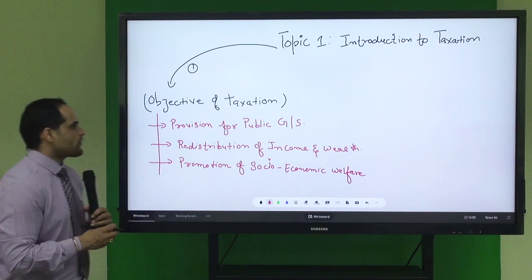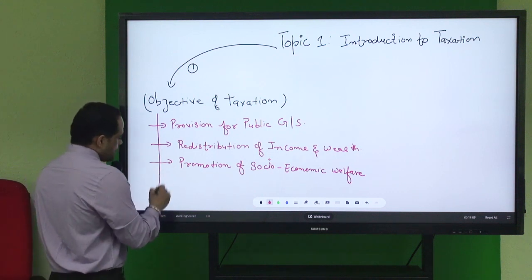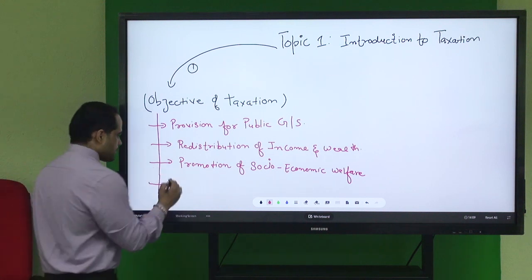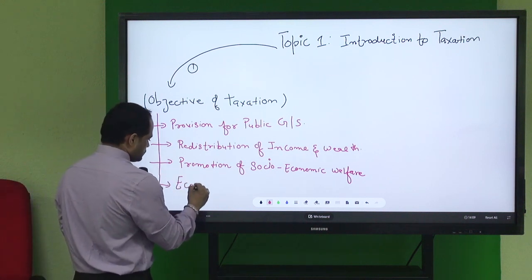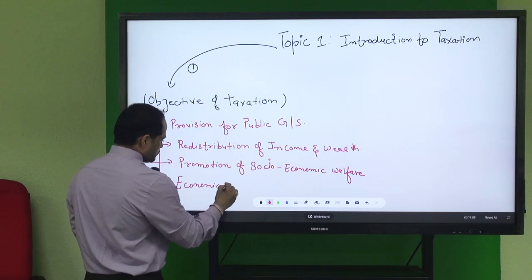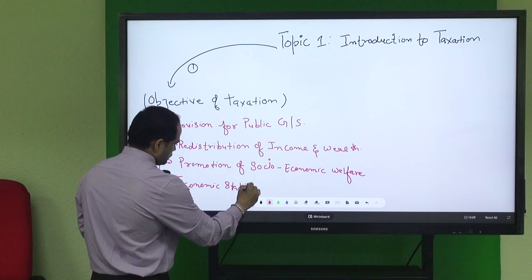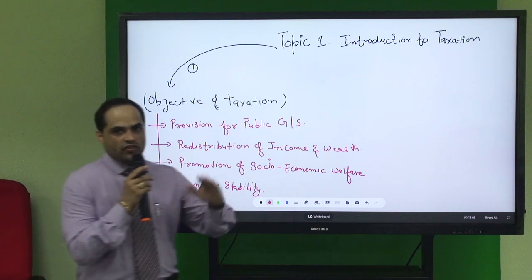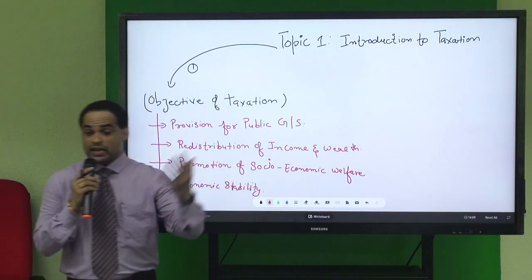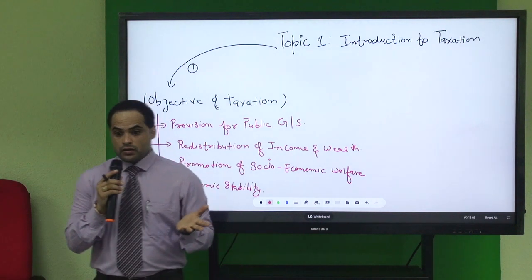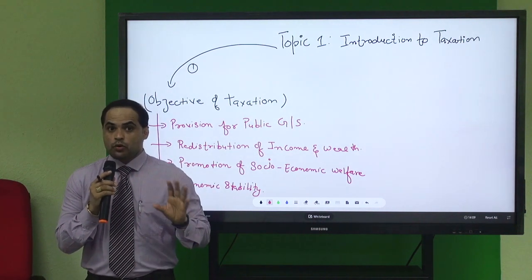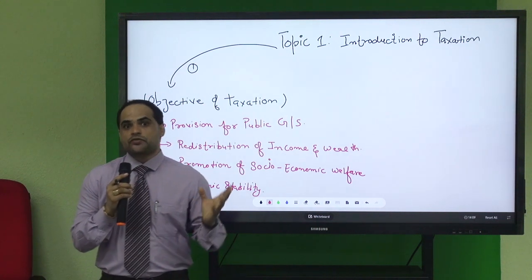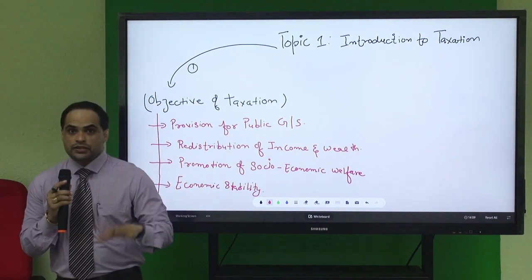Besides all these, we also have economic stability. Economic stability means there is consistent growth in the country's economy, and if a country must have consistent growth, it is more likely to have reserves and surplus, and those reserves and surplus are possible through tax collection.